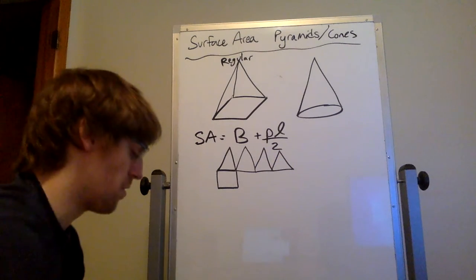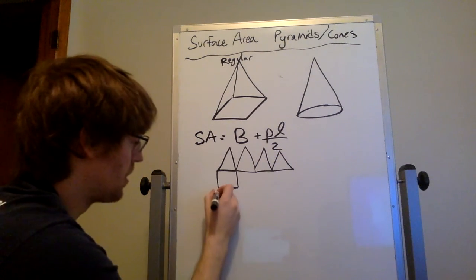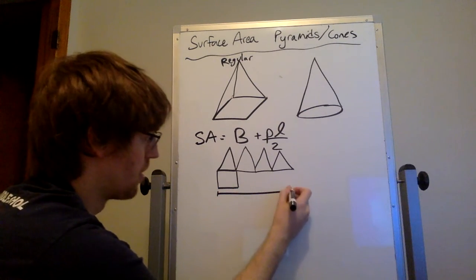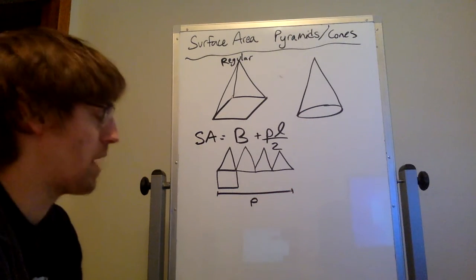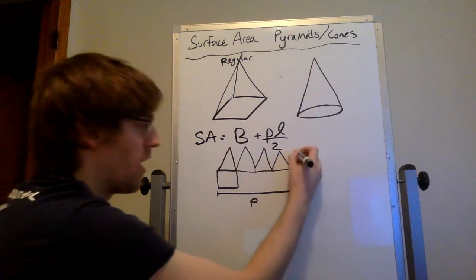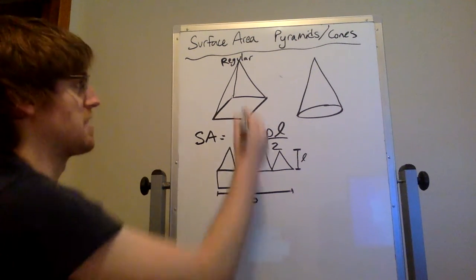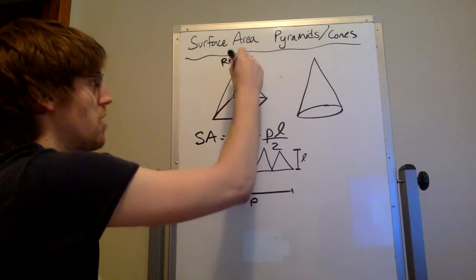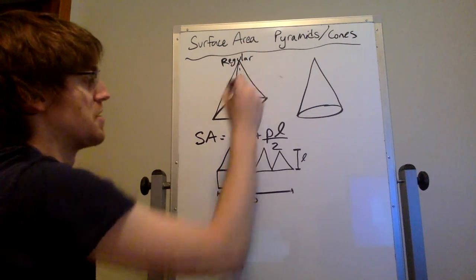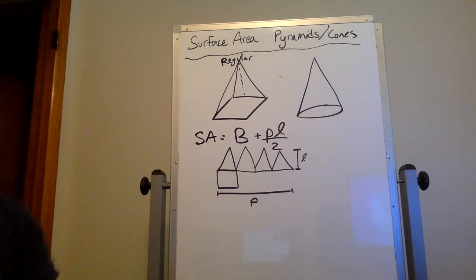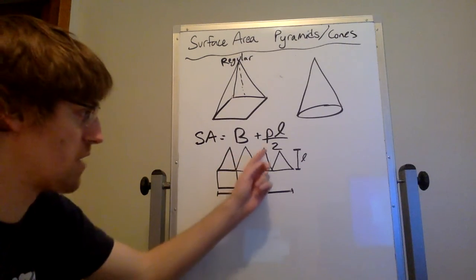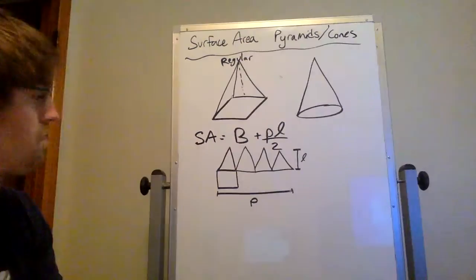And then if you take a look from here to here, that is the perimeter of the base. And from here to here, that is going to be the slant height. That is how tall this triangular face is. Okay? And of course, since they're all made up of triangles, that's where the divide by 2 comes from.